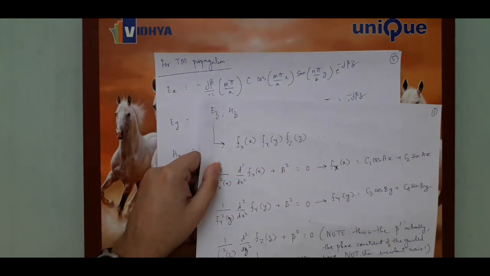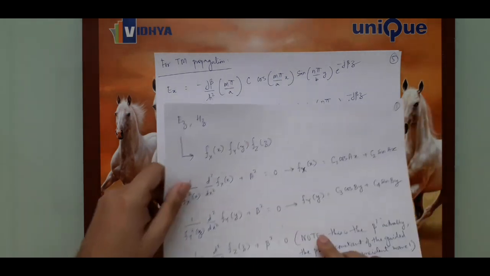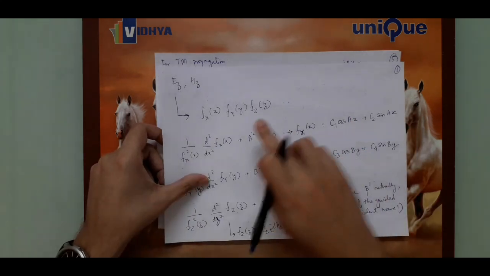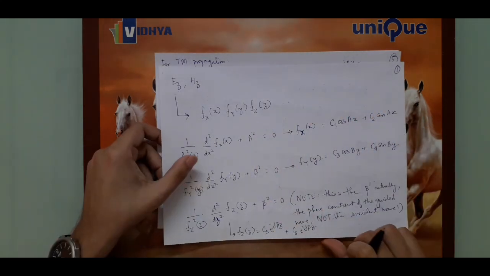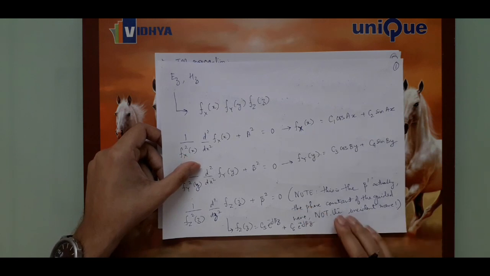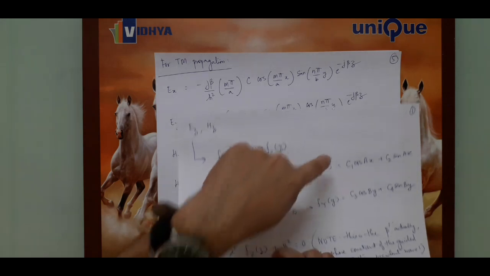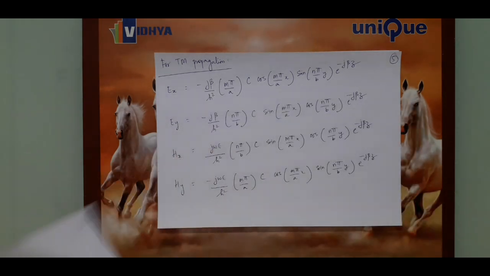This is for Ez only. We had taken this expression and solved using standing fields and traveling fields based on the direction we are looking at. So this is what it is for TM.